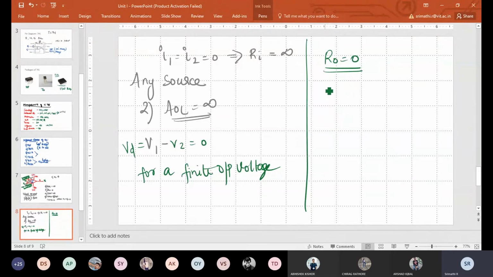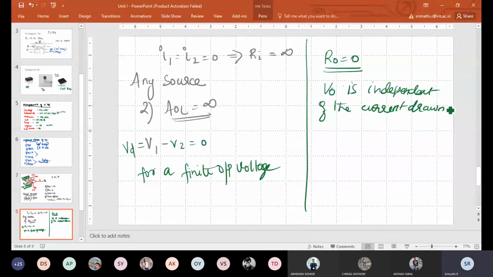So the output voltage is independent of the current drawn. So these are basically the 3 important characteristics, and one more is bandwidth is infinite, that we will see later.